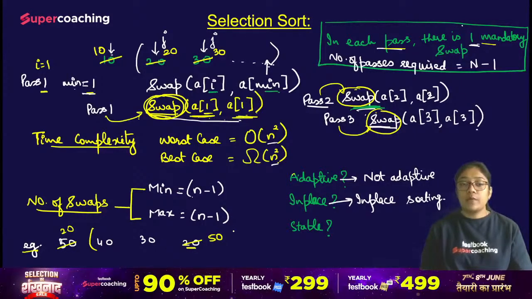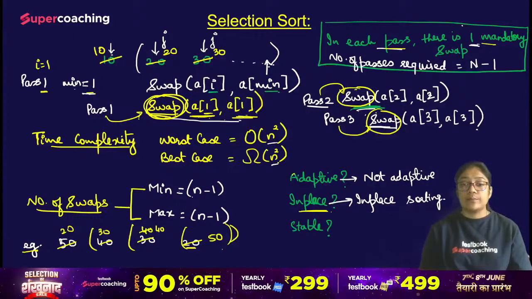Now in this problem, I'll find out the minimum element and swap it. So I'll get 30 and 40. From the remaining problem, I'll find the minimum element and swap it. In the remaining problem, there is only one element, so it's sorted. So output will be 20, 30, 40, and 50. Where are we taking the extra space? We are not taking extra space as we are swapping the elements in the same array only. So selection sort is one of the in-place sorting techniques.